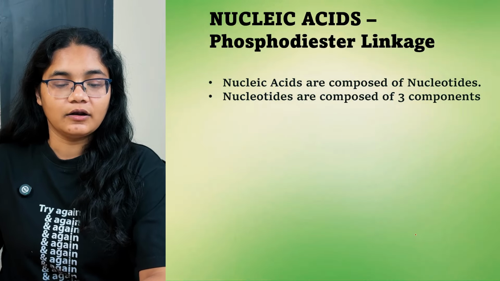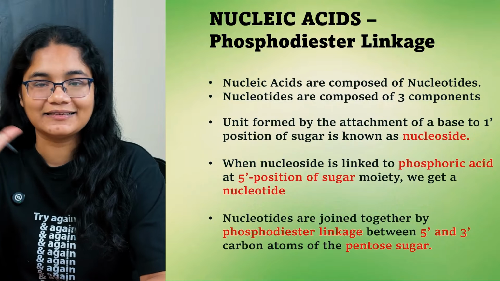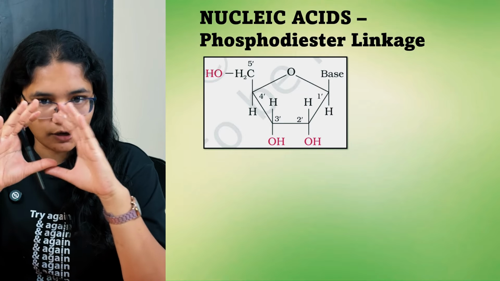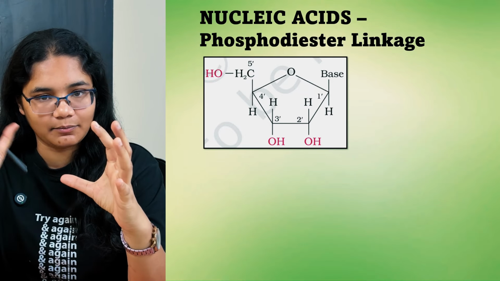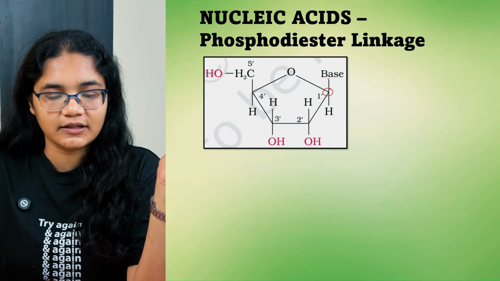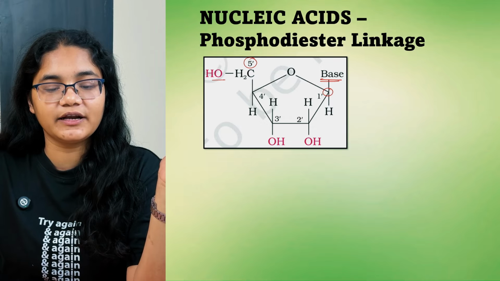Clear? Now we will talk about how these nucleic acids are made, or how this nucleotide is made. So first of all, in a nucleotide there is a sugar, a nitrogenous base, and a phosphoric acid. On the first position the nitrogenous base is attached, and on the fifth carbon a phosphate group is attached.